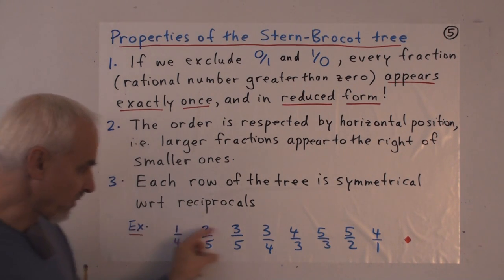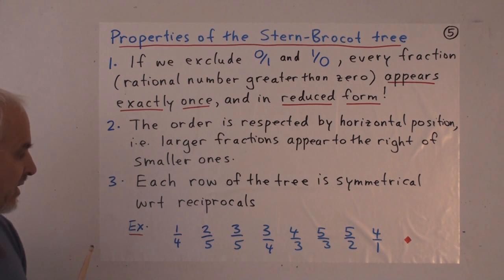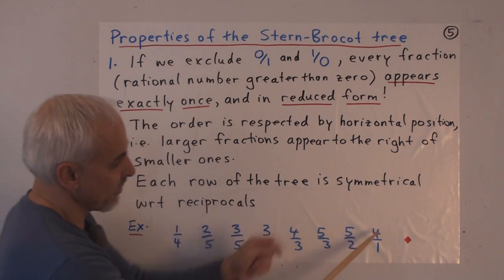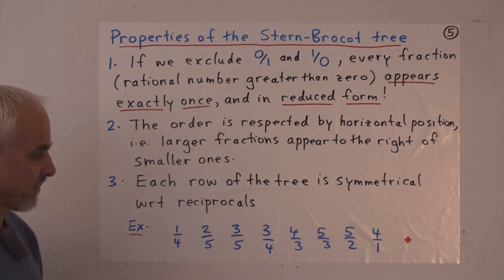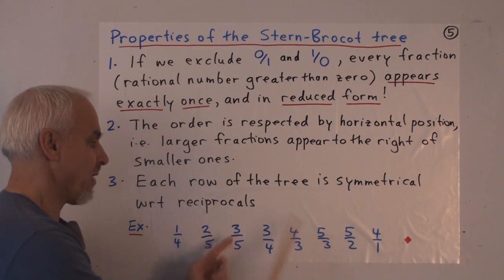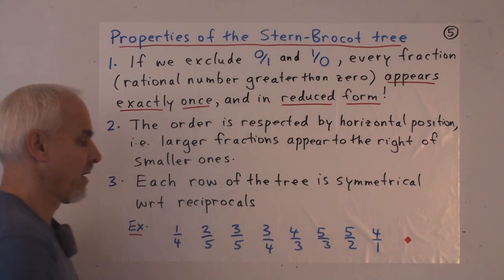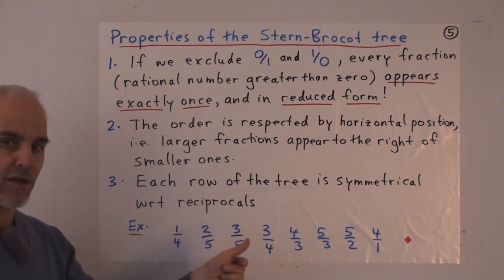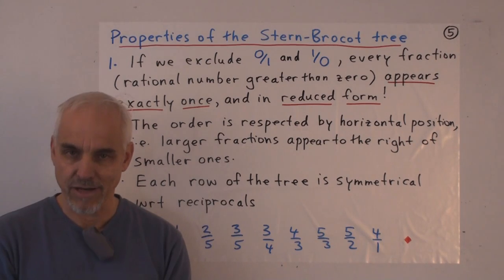So for example, this was one of the rows that we created, and we already noticed things like 1/4 here is reflected with the 4/1 on this side. So there's a symmetry around the center given by reciprocation, just interchanging numerators and denominators.